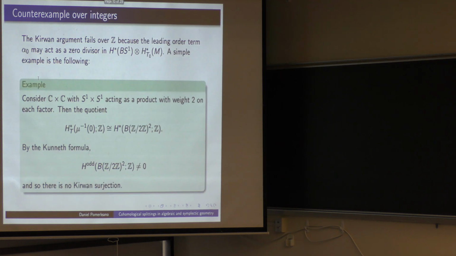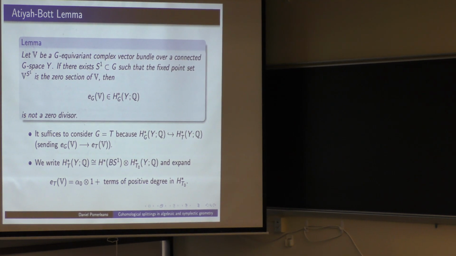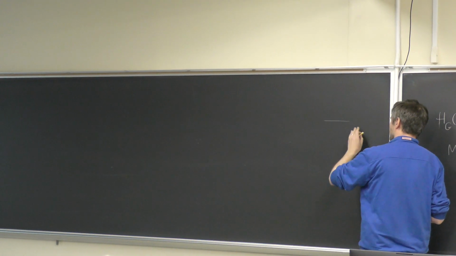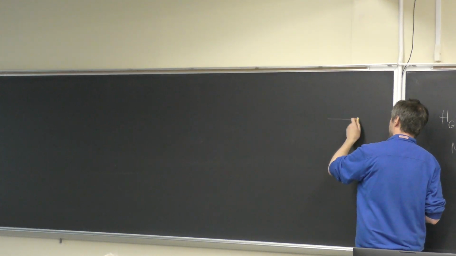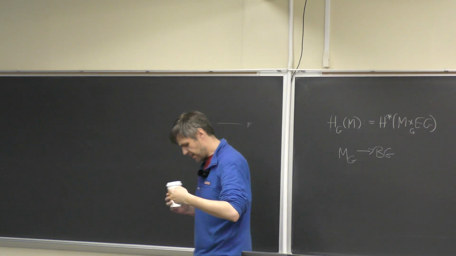So that's the key thing, and in both cases you have to do some work. In the case of equivariant formality, your critical sets are really just the fixed sets of the torus action.